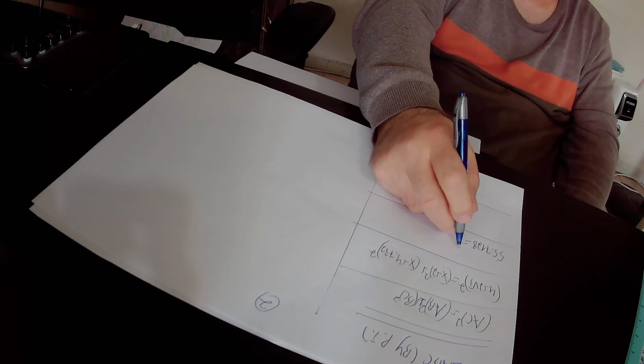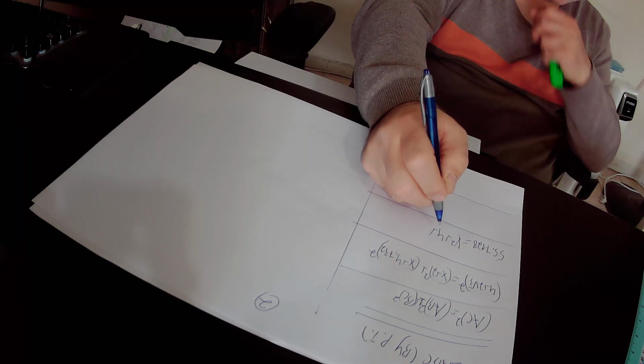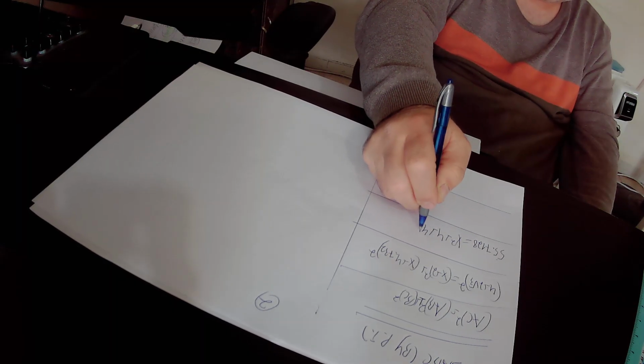(x plus 2) squared equals x squared plus 2 squared, that is 4, plus 2 times x times 2, that is 4x.